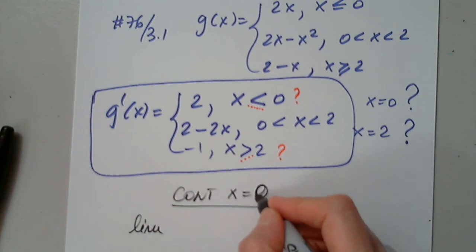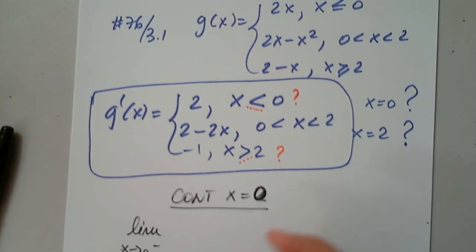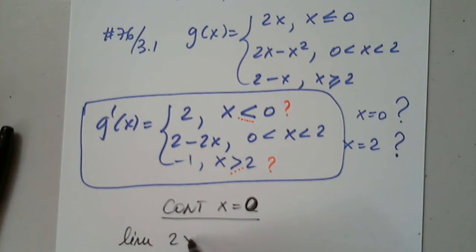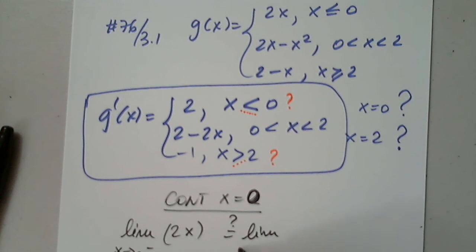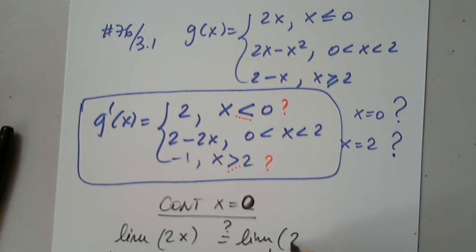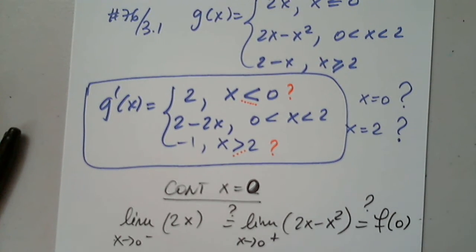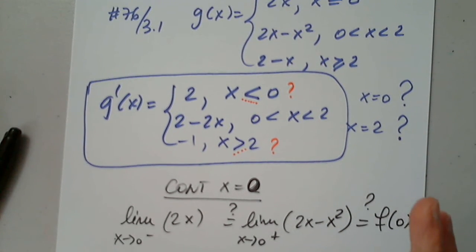I want to start with 0, sorry. 0. So limit as x approaches 0 from the left, from 2x. Does it, I don't know, equal limit as x approaches 0 from the right of 2x minus x squared, and does it equal f of 0? If all these are equal, then I say it's continuous.